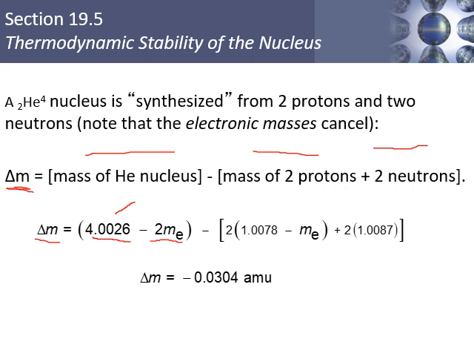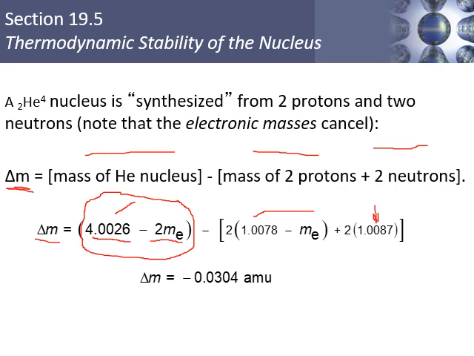All of this is going to be on one side, and then minus the masses of the protons and neutrons. For the neutrons, you can just subtract minus 2 times the mass of a neutron, which is 1.0087 AMUs.